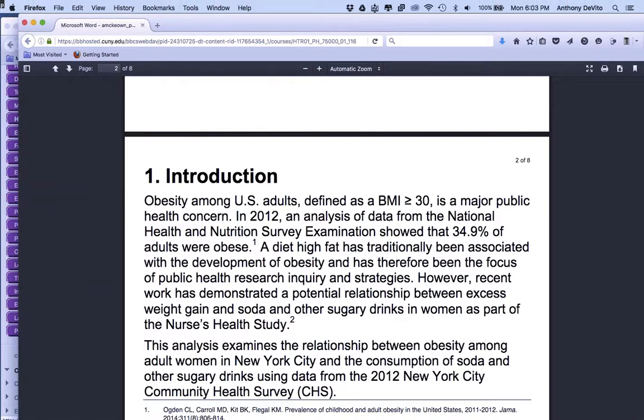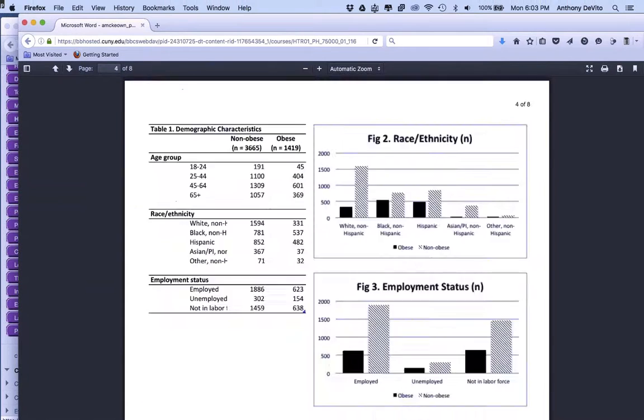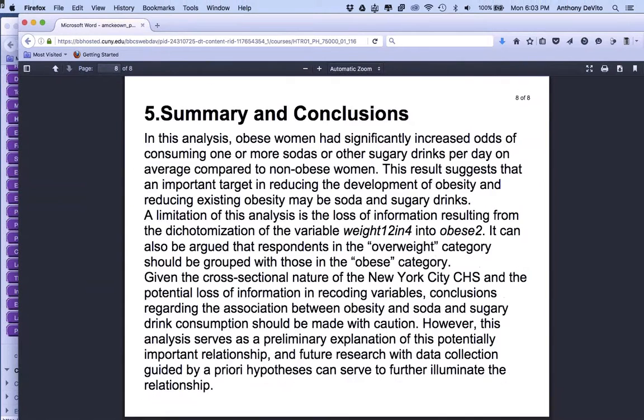Okay. So really, look at this. It's 7 or 8 pages long. It's not a thesis. Don't go nuts.